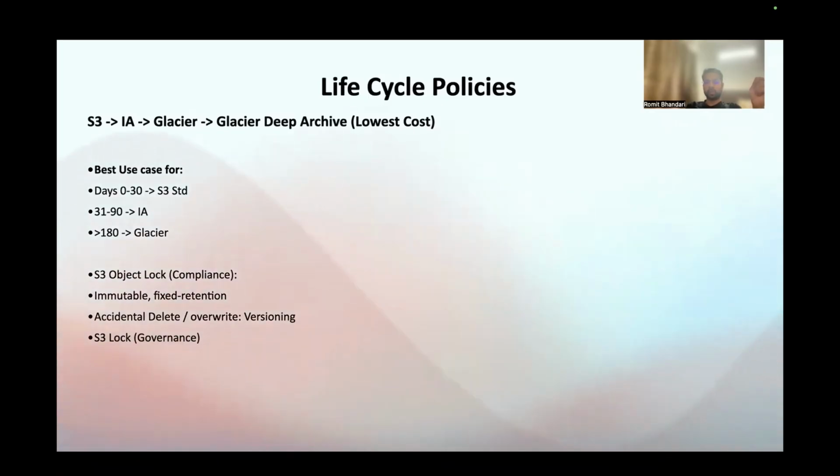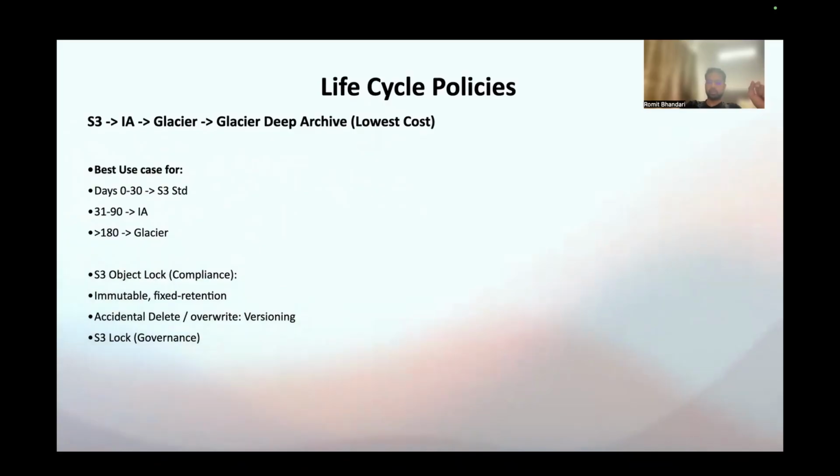And if the data is there in S3 for greater than 6 months, and it gets retrieved once in 6 months, then go for Glacier. Okay, 31 to 90 days, Infrequent Access. If it is 0 to 30, where at least a call is made every 30 days, then you still have it placed in S3 Standard.